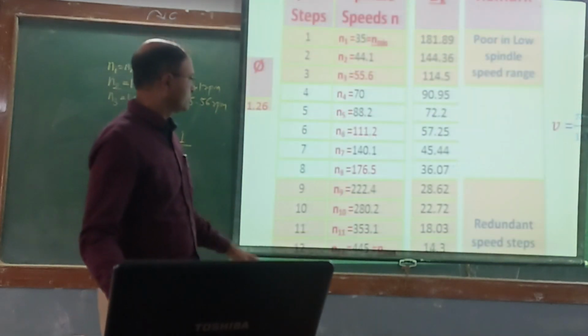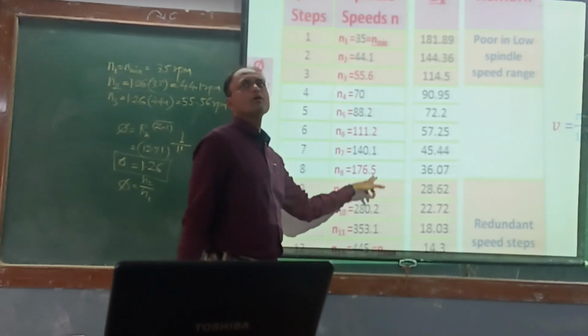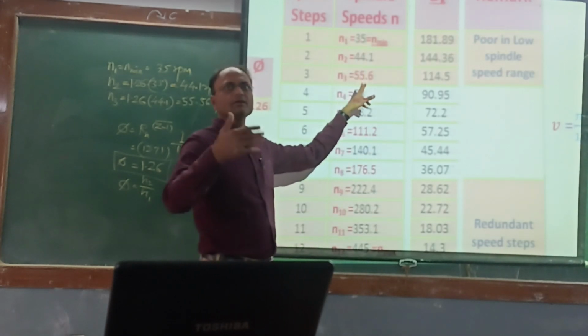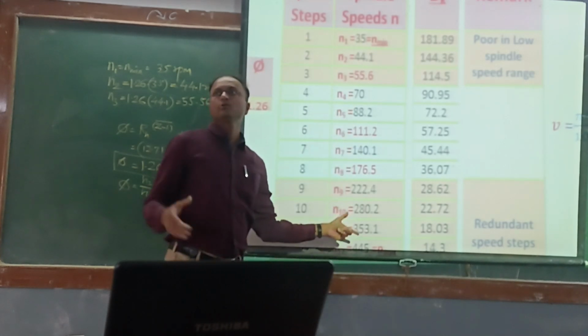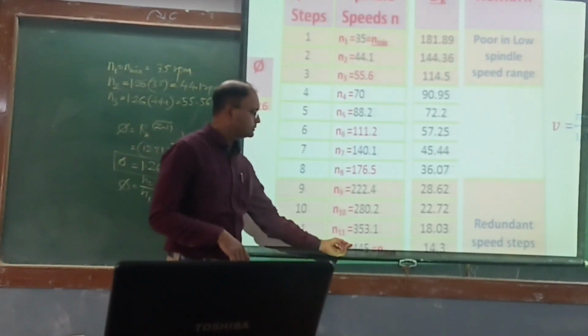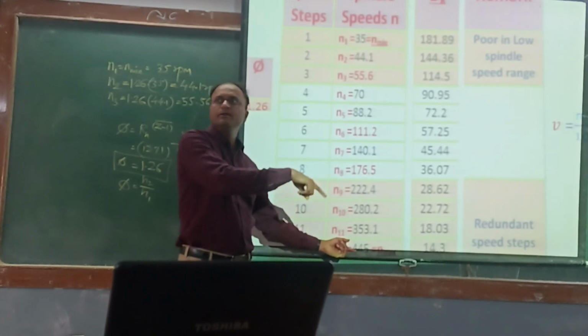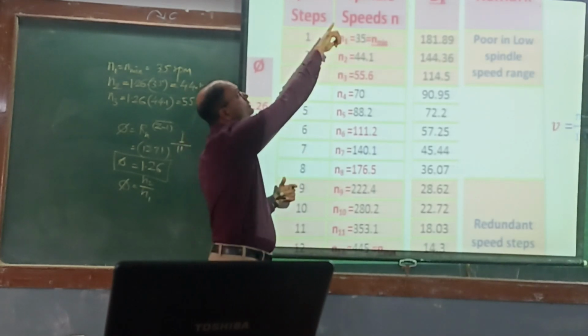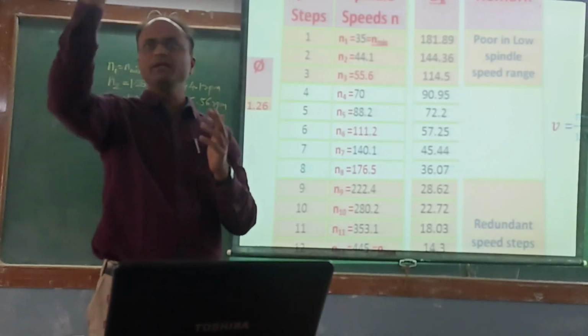You can see here 445, 353, 280, 220. So there is uniform reduction in speed, or in terms of increase, uniform increase in speed. Actually, in reduction gearboxes, the first speed is when the motor runs at maximum speed, and by using reduction gears we get minimum speed at the output. So it is maximum to minimum, not minimum to maximum.